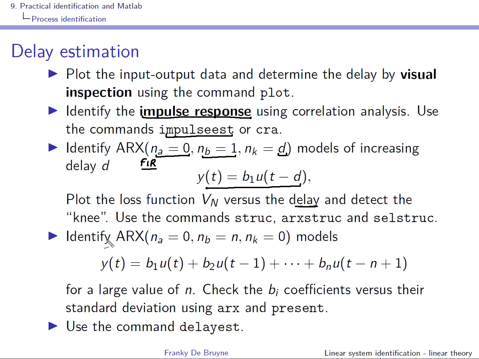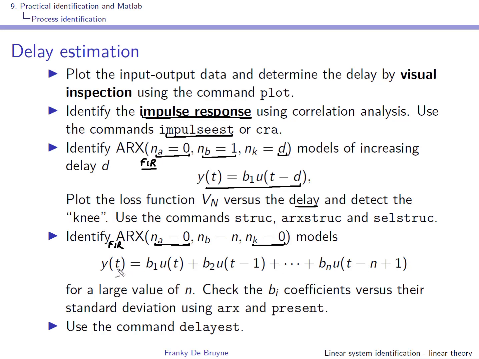An alternative to that is to identify ARX models where NK is equal to 0 and NA is equal to 0. So again, this is an FIR filter, finite impulse response model, and it's of this type.